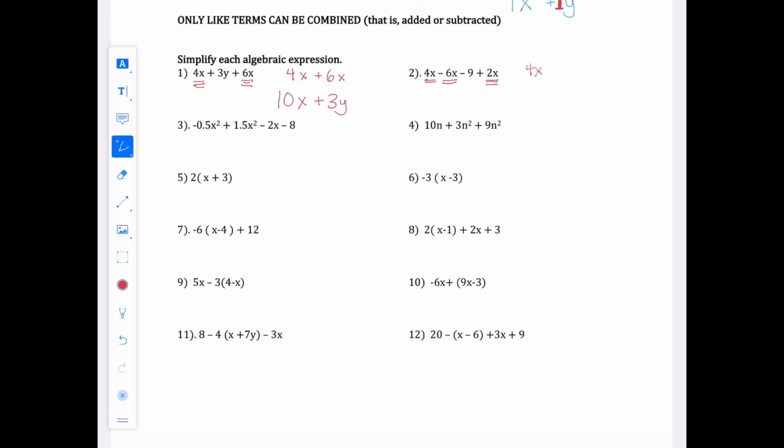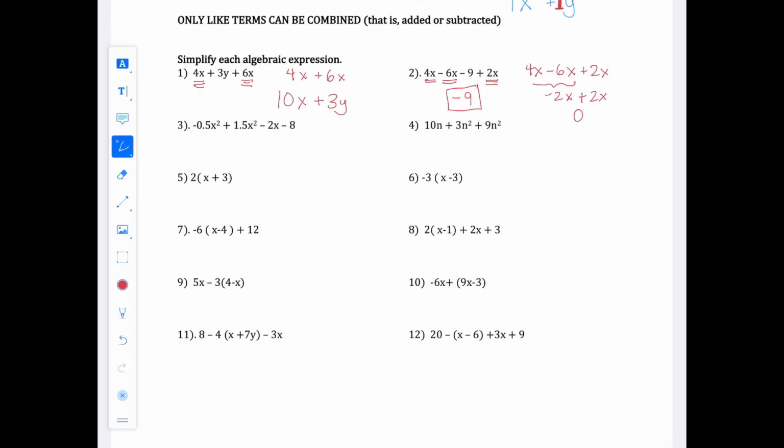So off on the side, we are just trying to simplify 4x minus 6x plus 2x. Let's go left to right. 4x minus 6x gives us negative 2x, and then I bring down the plus 2x. That gives us 0. So problem 2 simplifies to negative 9.